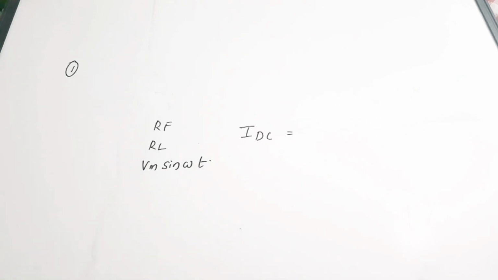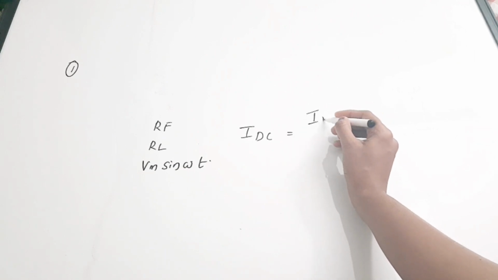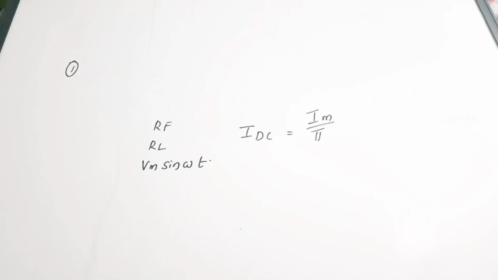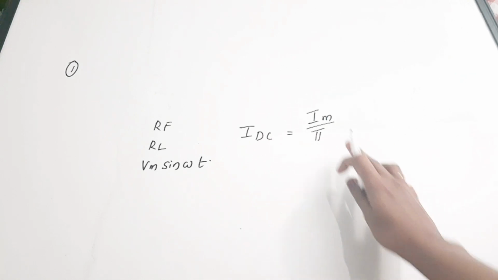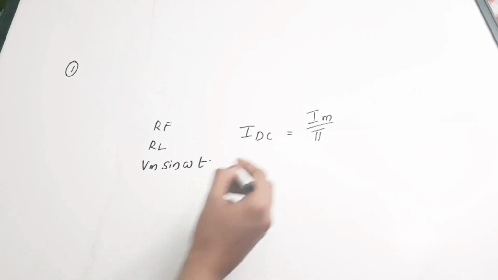So what is the equation for finding IDC? The DC current is equal to the peak current, Im by pi. This is the equation for finding the value of DC current. First you need to find Im.